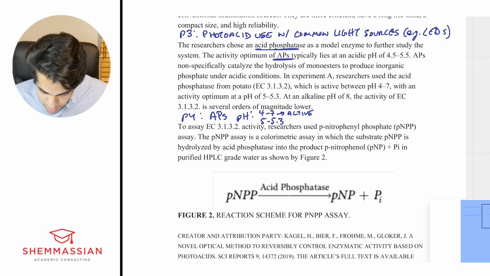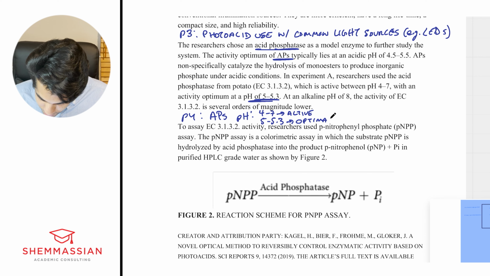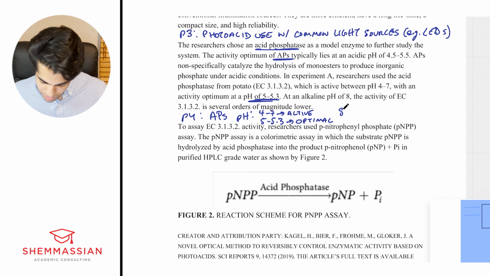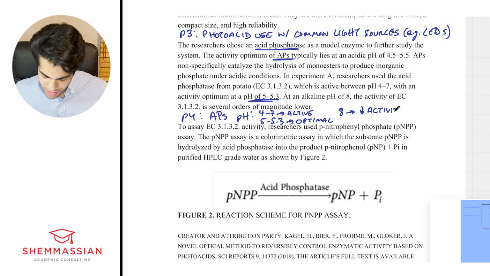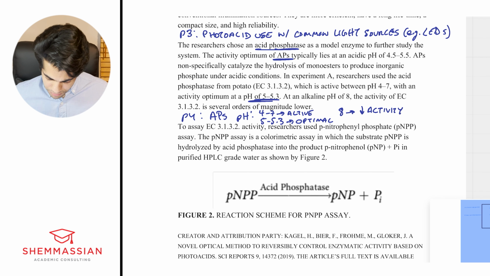And then a pH of 8 is going to be decreased activity. I think that's going to be the key part of all this. Summarizing that into a shorthand here will make it easier if I need to refer back to these pH ranges instead of having to dig through the paragraph for these specific ranges. Just having them listed out will make them a lot quicker and easier to reference.